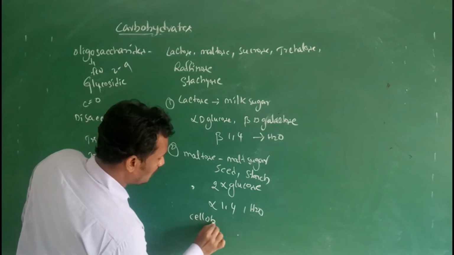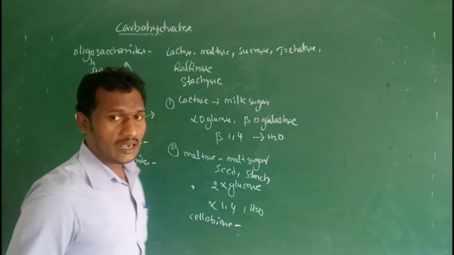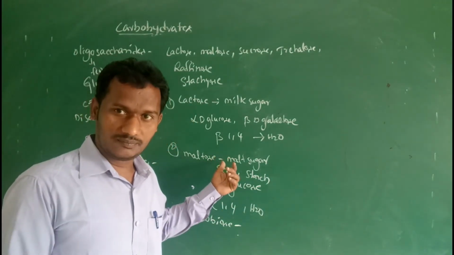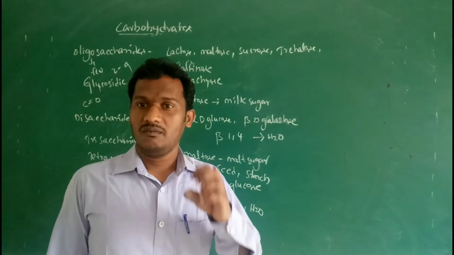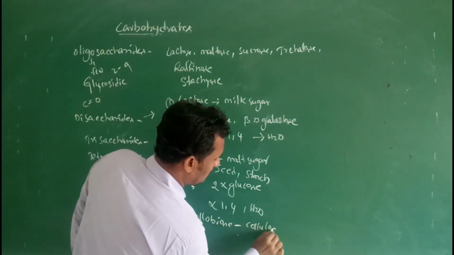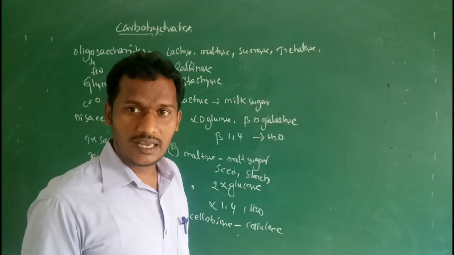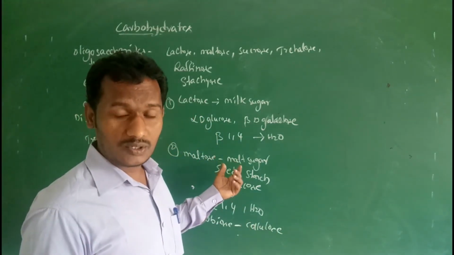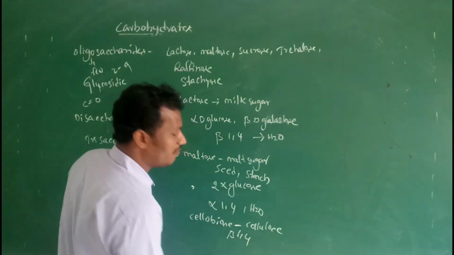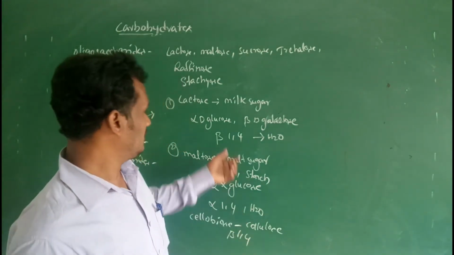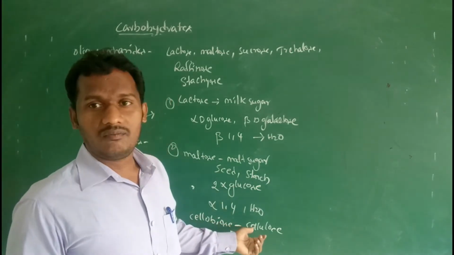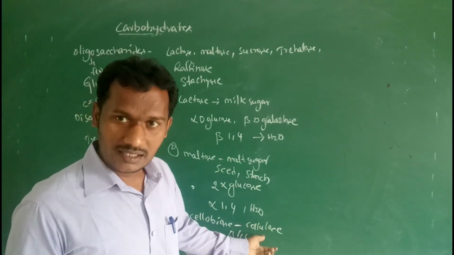Then cellobiose. Cellobiose is similar to maltose, but formed by the hydrolysis of cellulose.